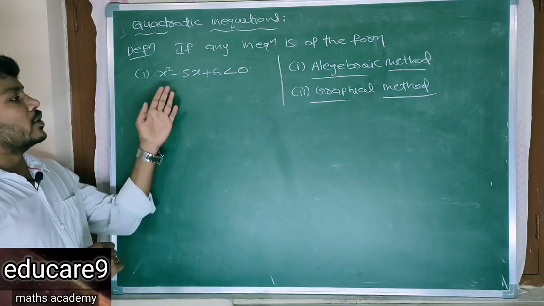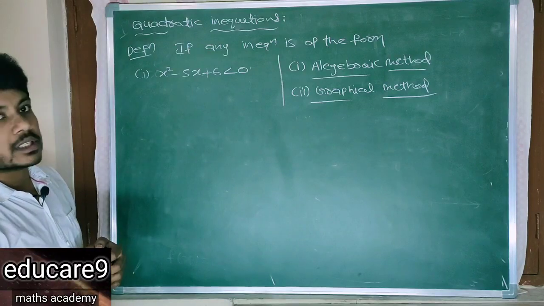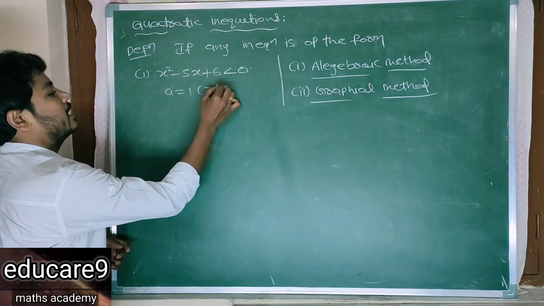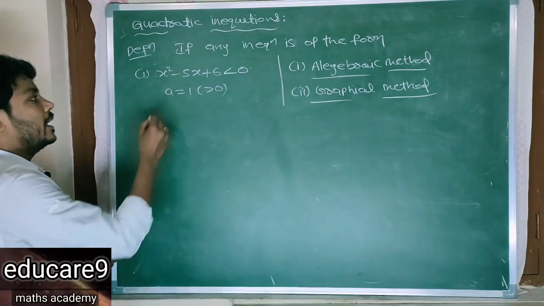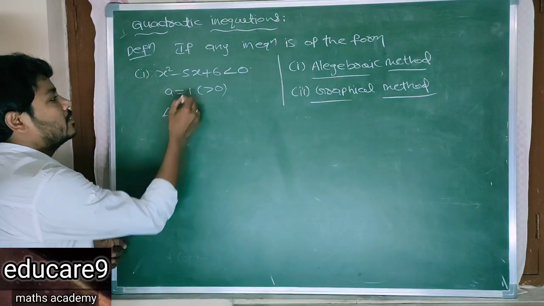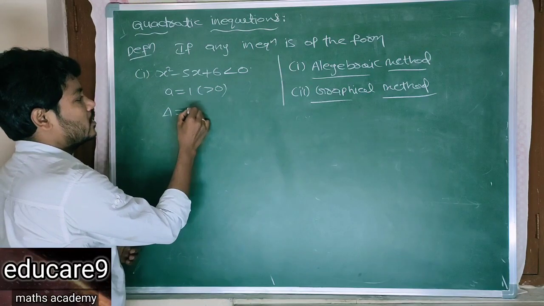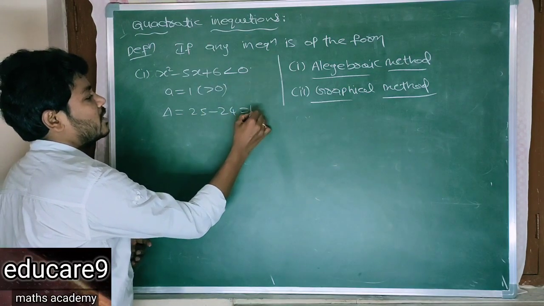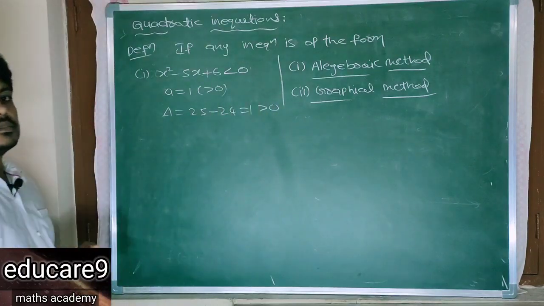Now you want to draw the graph of the given equation. Here a equals 1, that is greater than 0. And delta is b square minus 4ac, that is 25 minus 24, which is 1. This is also greater than 0.